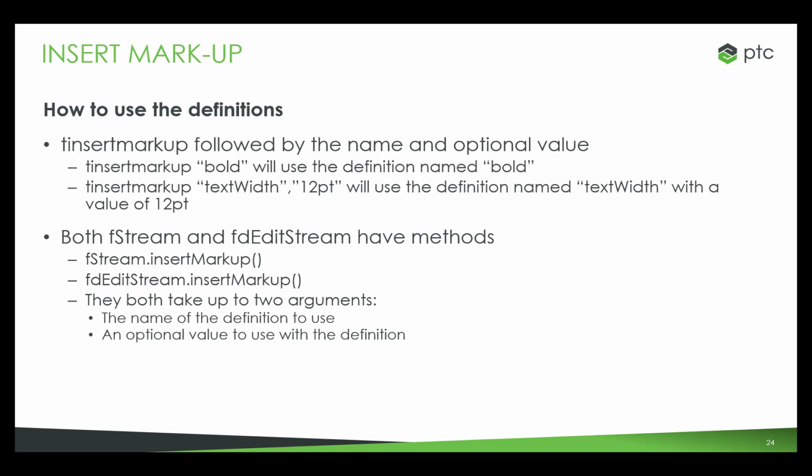So fstream has insert markup and fdstream has insert markup as methods. Again, as with the macros, they both take 1 or 2 arguments. You can give it the name of the definition to use, or you can include the value to use with that definition if that's the way the definition's set up.